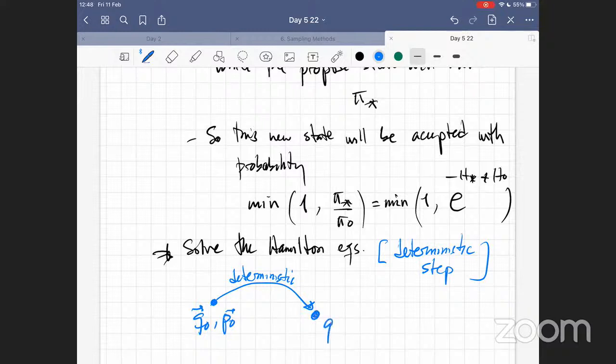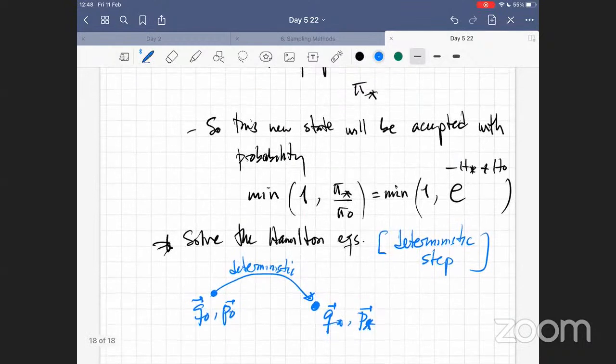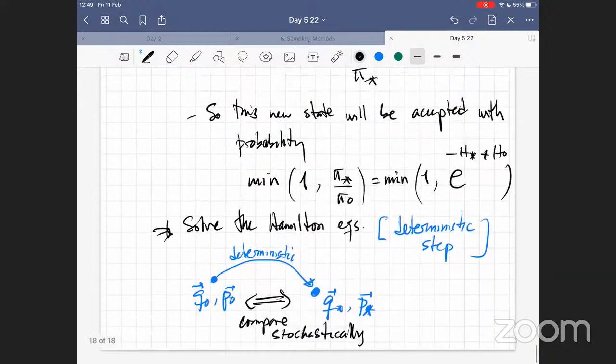And then I get a final value of this pair, which I compare. So I compare this with this stochastically, no? Stochastically, by following the Metropolis step.